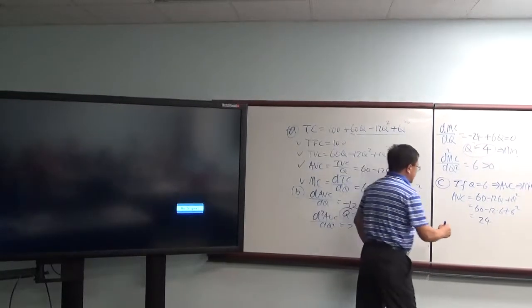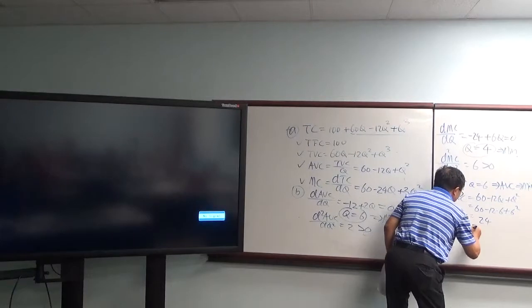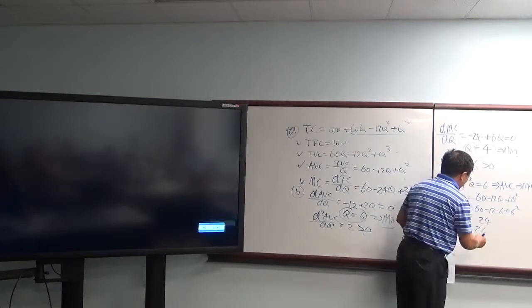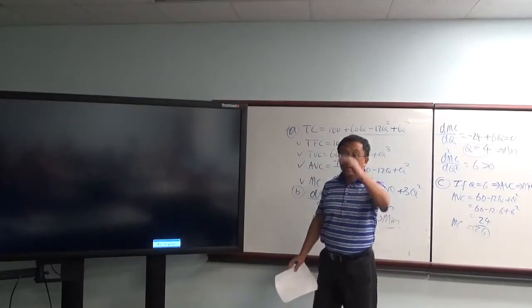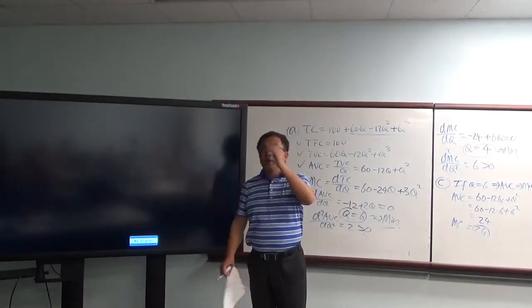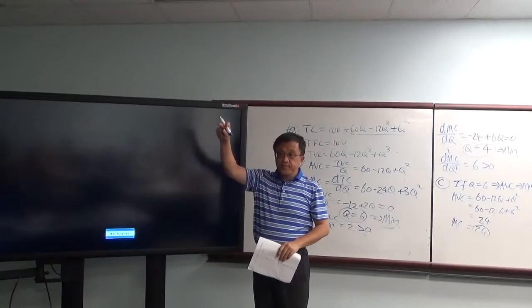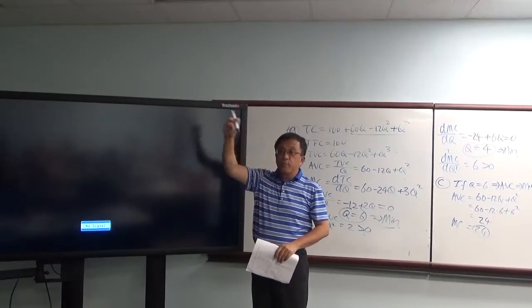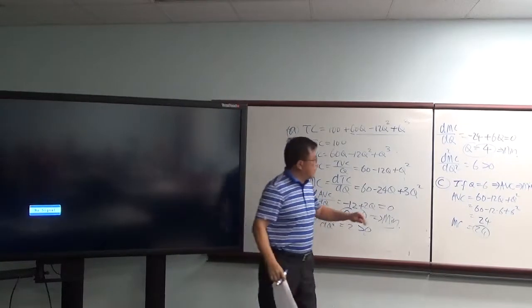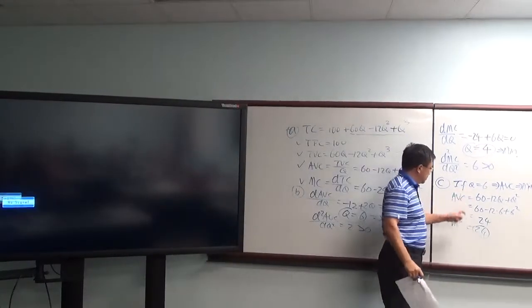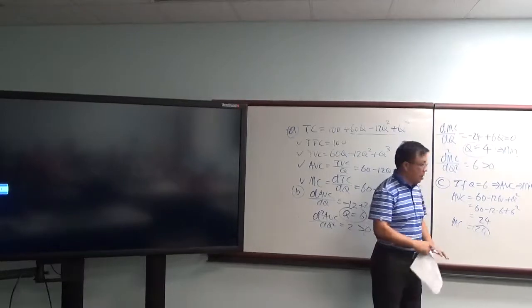And how about the marginal cost? You will find the marginal cost is also equal to 24. Actually, you don't have to do any calculation. Remember the curve? The marginal cost curve passes through the minimum point of average variable cost. So when the average variable cost is at its minimum, it is the same as the marginal cost. That's the conclusion.